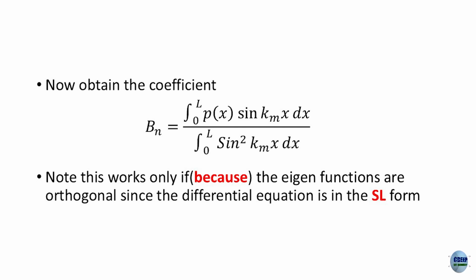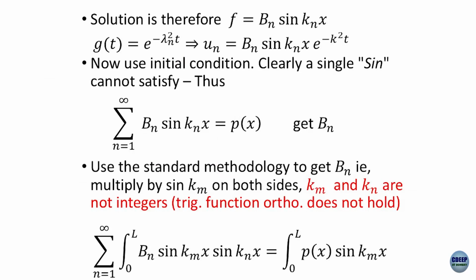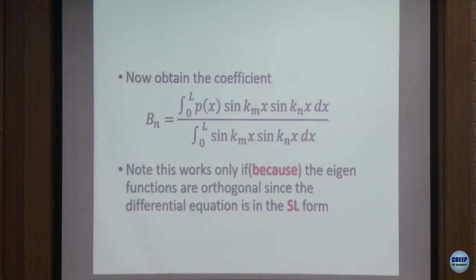Okay, so that's why that's been put in red there. Km and Kn are not integers, which means that the trig function orthogonality need not necessarily hold. The trig function orthogonality may hold, but it holds under certain conditions.